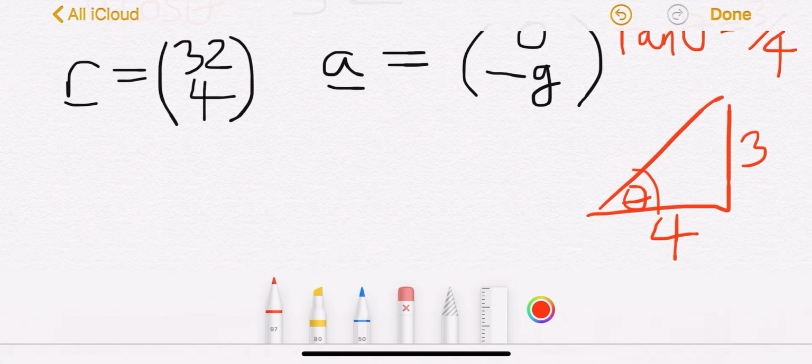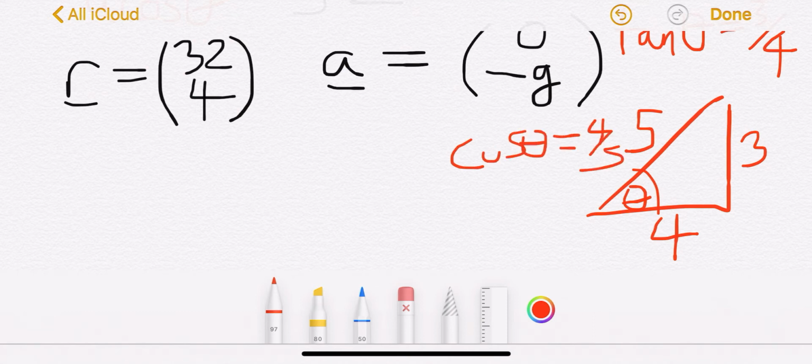The hypotenuse by Pythagoras' theorem is 5. So cos theta is the adjacent over the hypotenuse, 4/5, and sine theta is 3/5.